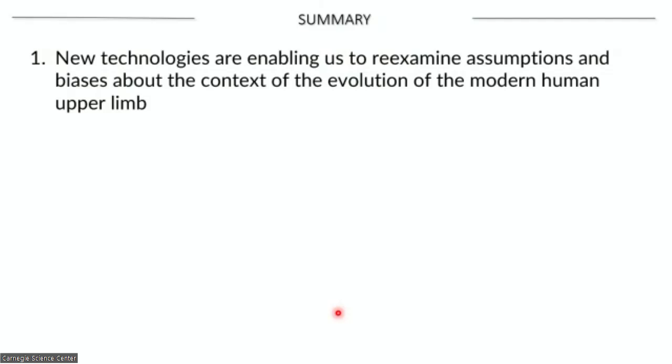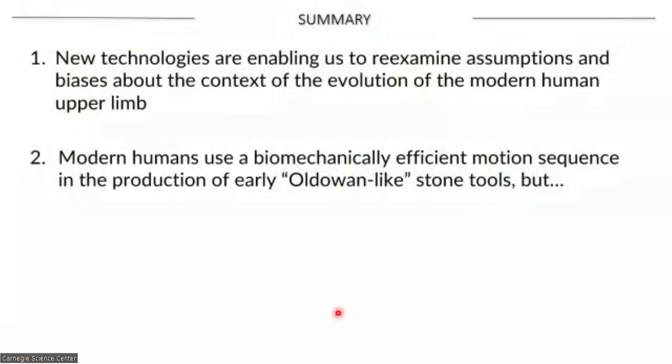So this all nicely illustrates how advances in technology and motion capture have pushed my own research forward and enabled me to examine my own biases and my discipline's biases and assumptions. And we now understand that modern humans and likely our hominin ancestors possessed anatomy that allows us to engage in this really important behavior in a biomechanically efficient and safe manner.